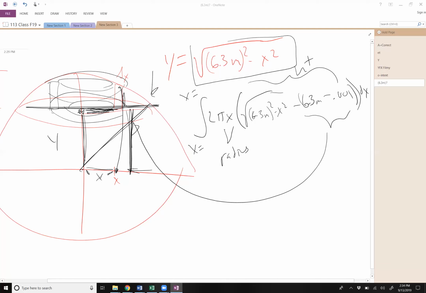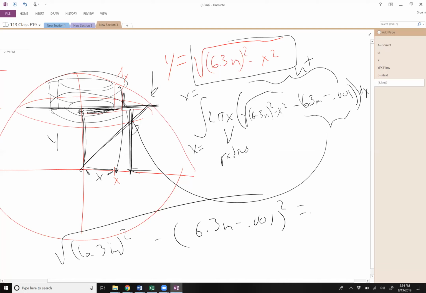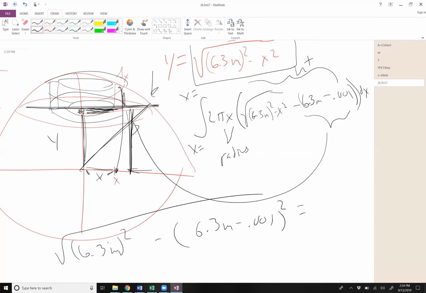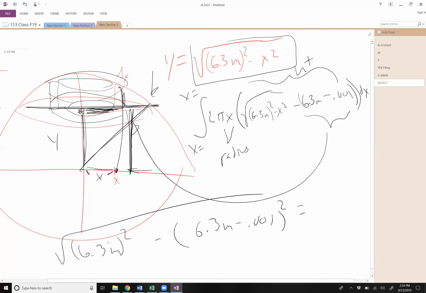We need to know when this curve drops to 1 millimeter less than 6.3 million. You can use the Pythagorean theorem here: 6.3 million squared minus (6.3 million minus 0.001) squared, and take the square root. That's going to be the distance I'm going to draw in green, this distance right there.